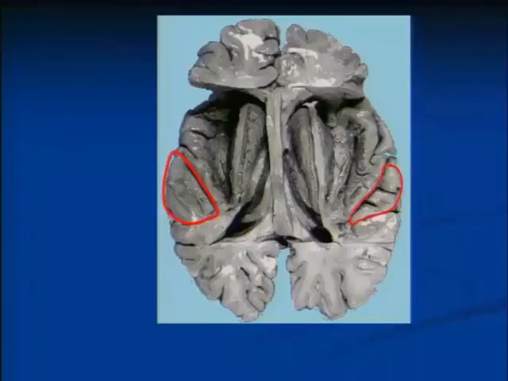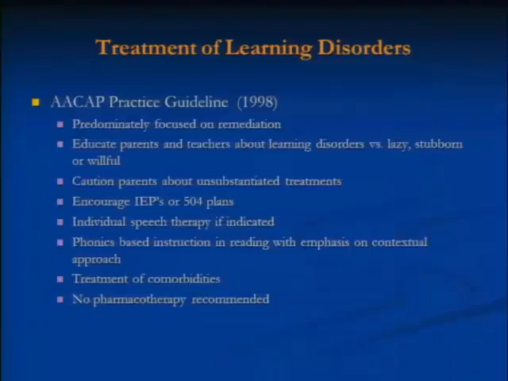This is which side of the brain, guys? Everybody has to raise their hand a little bit. It's left side, right? This is, for a right-hand dominant person, the part of our brain that processes language. So this, the planum temporale, is bigger on the left side. In kids with dyslexia, that's not true.